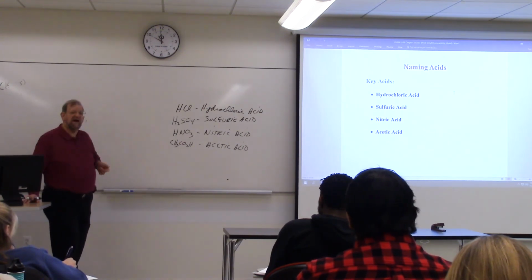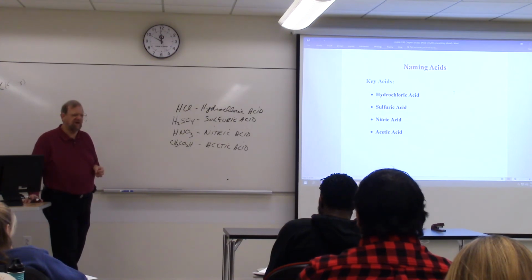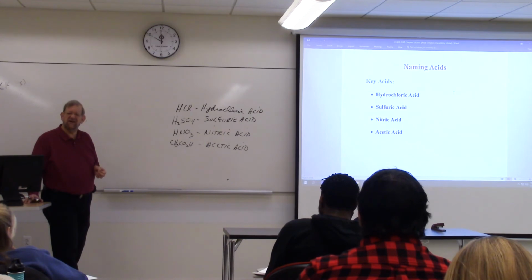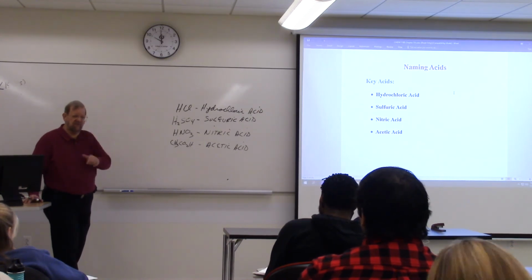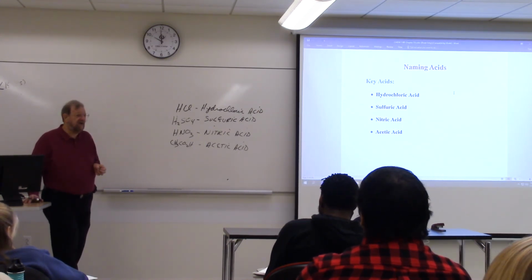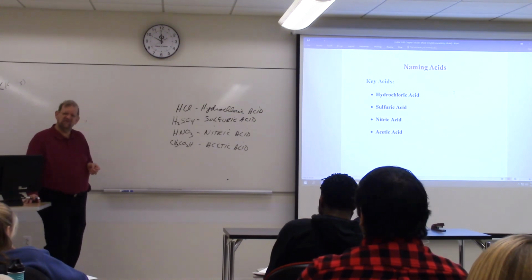I will bet, and by the way, did I tell you I don't bet when I know I've won, that everyone, or I should say 99.5% of everybody in this room has acetic acid in your house. I don't have acetic acid. Yes, you do.